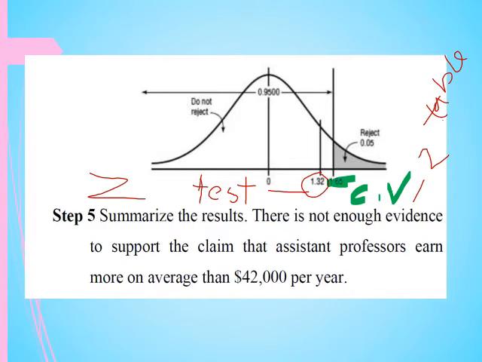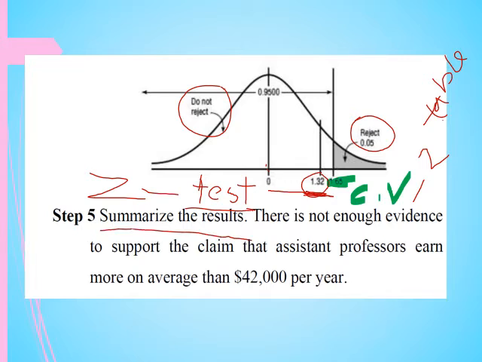When you draw the normal curve with zero at the center, the curve is divided into two parts. One part is the rejection region, and this part is the acceptance region. So our test value, 1.32, is here in the accepted region, so we will not reject the null hypothesis.